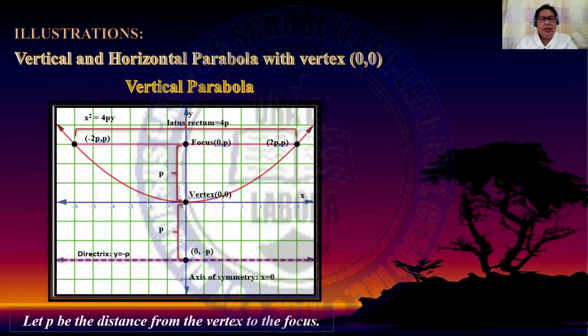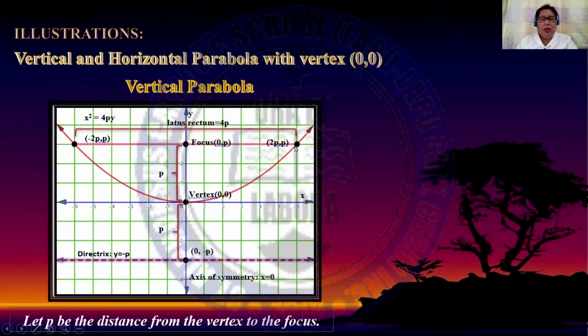And this is equivalent to 3 units. From the vertex, counting 3 units down, we have this point. And we draw a line passing through this point, and we call this line the directrix.